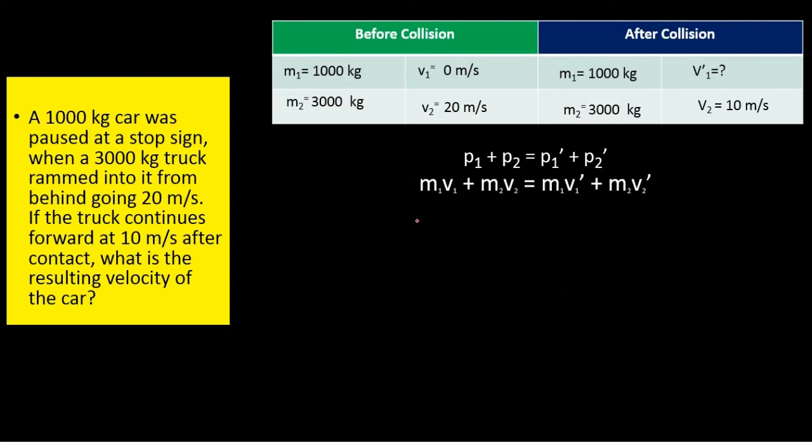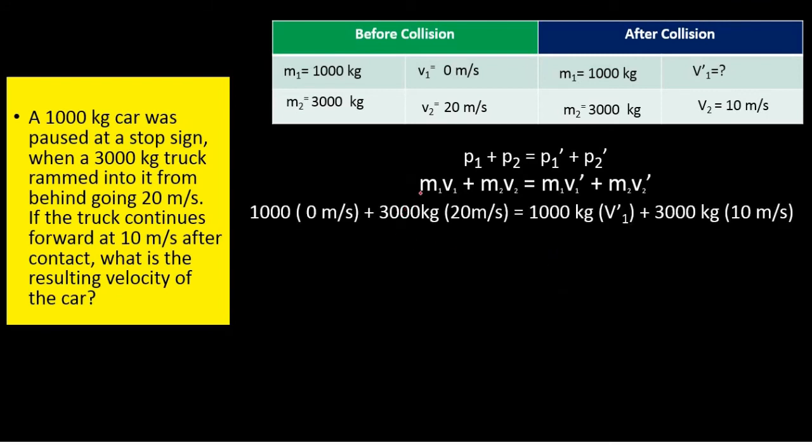Then you do the substitutions: M1 for the mass of the car, that's 1,000. V1, you get this from here, that's 0 meters per second. M2 V2, M1, then V1 prime, M2, and V2 prime.